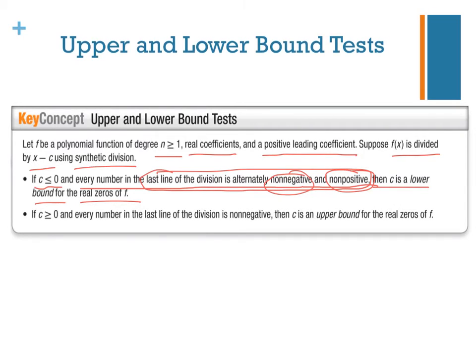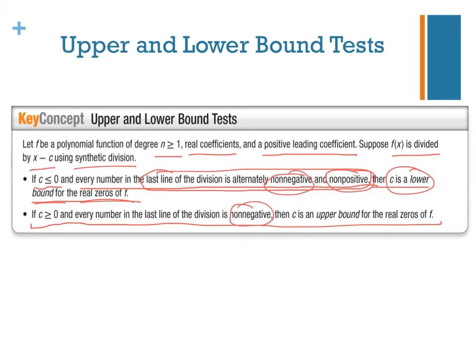And so if that occurs in the last line of your division, then c is a lower bound for the real zeros of the function, only if, again, your numbers in the last line alternate back and forth between non-negatives and non-positives. Now, if c is greater than or equal to 0, so your divisor is greater than or equal to 0, and every number in the last line of the division is non-negative.